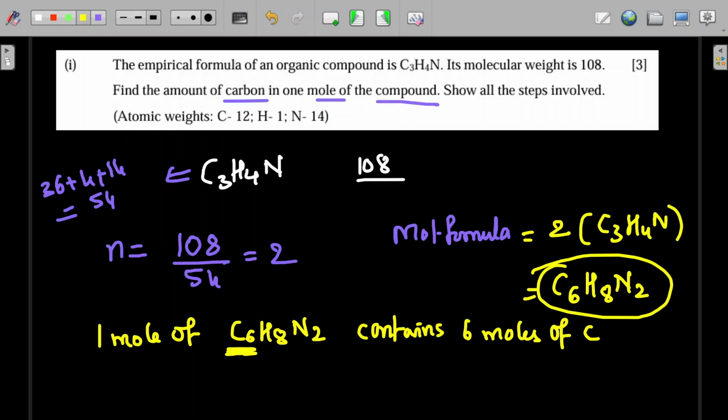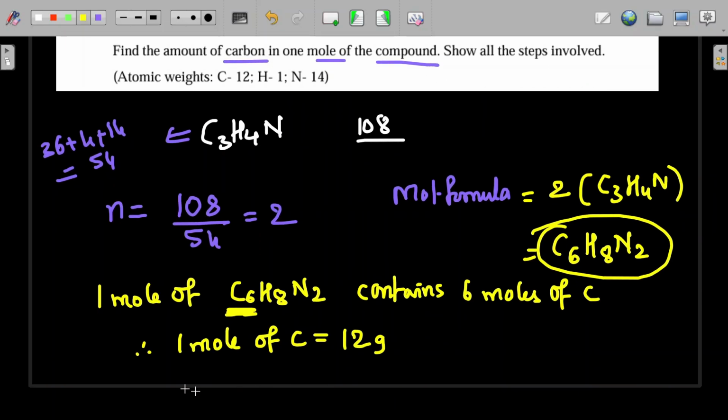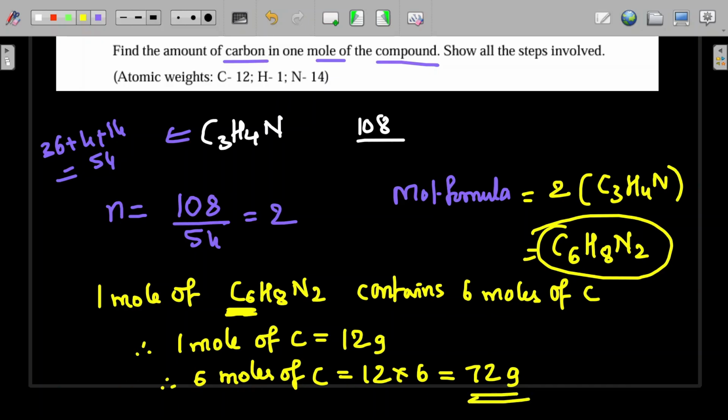Whatever numbers are there, those many moles will be there. Now, 1 mole of carbon is how much? 12 grams, its atomic mass. 6 moles will be 12 into 6, which is 72 grams.